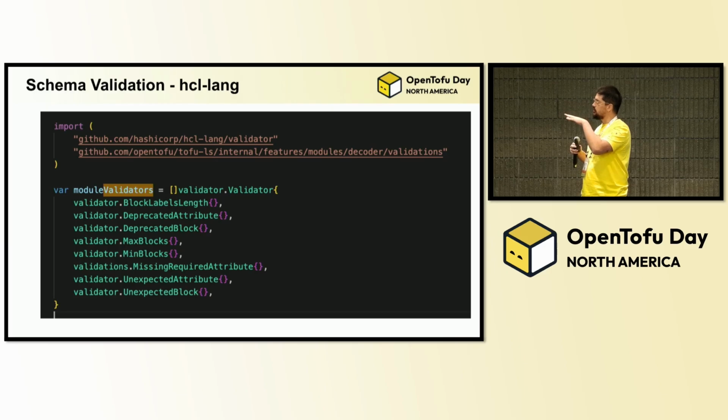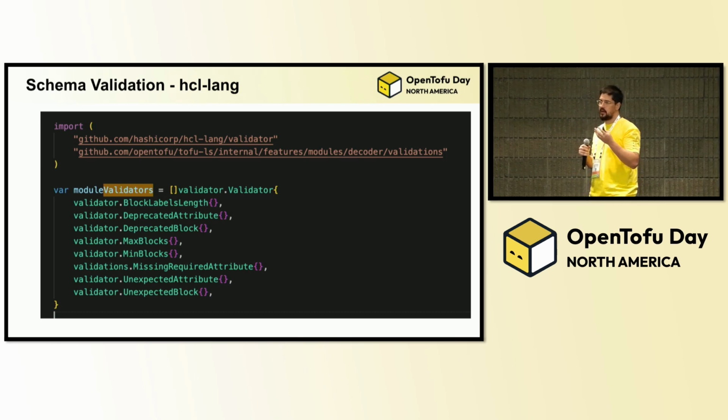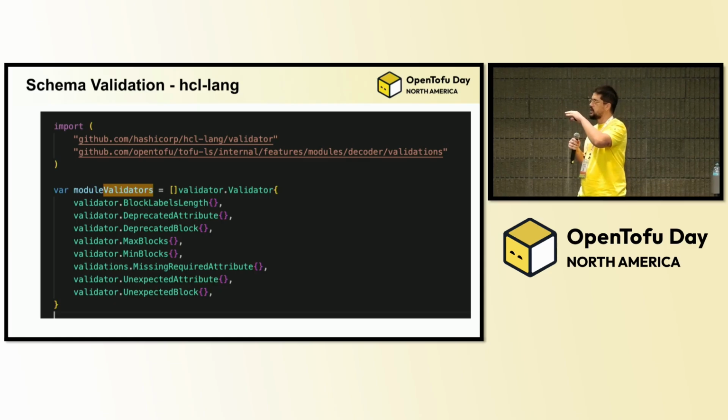This is a list of validators for modules, but there's another list of validators used, for example, for .tfvars files. They have some validation as well, but they do not use the same list as modules. So for modules, you can check more on the server.